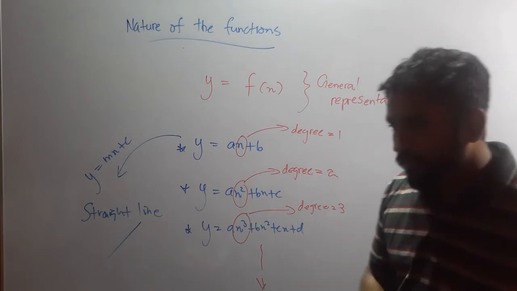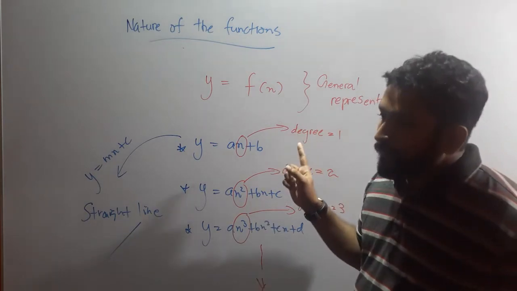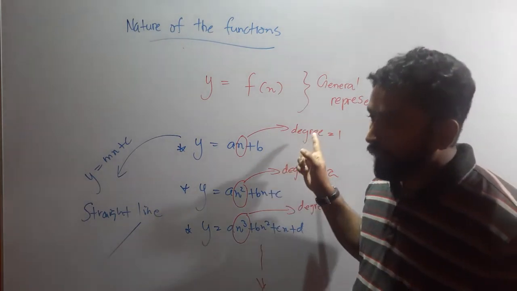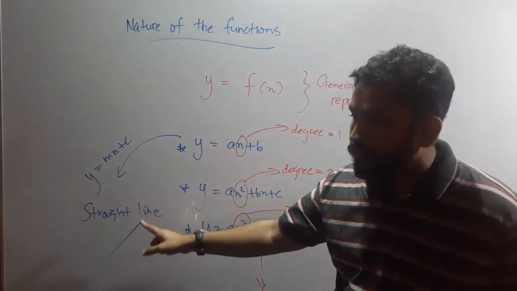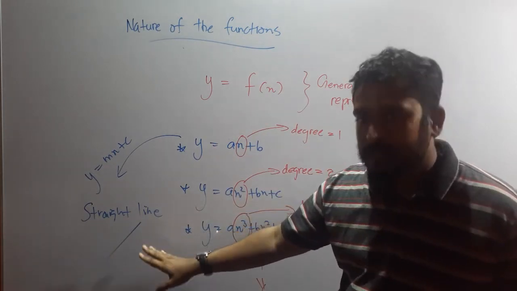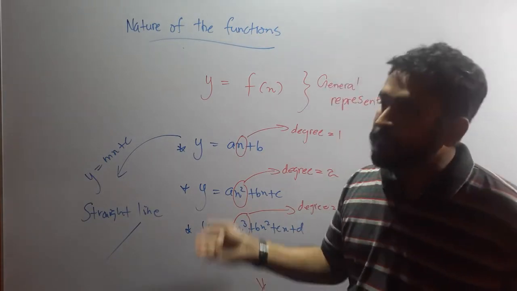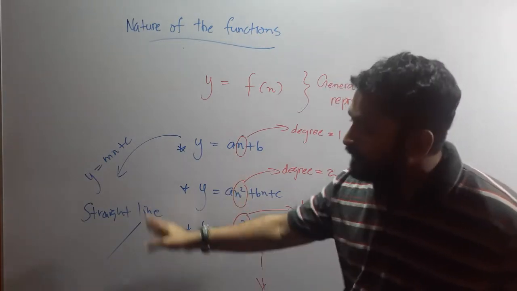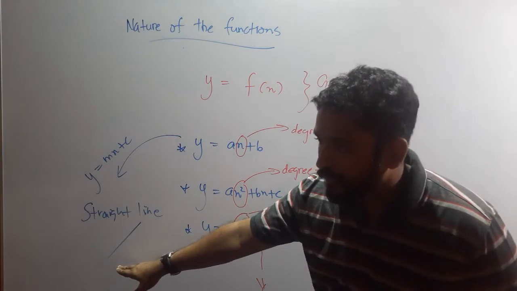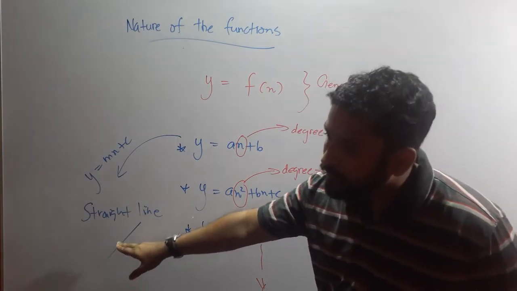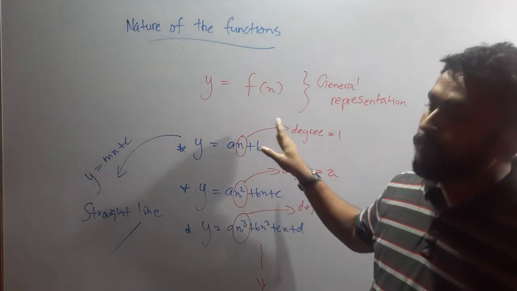Again, if the expression of the function has degree 1, the shape of the locus or graph is a straight line. The converse: if the shape of the graph or locus is a straight line, the function should be of degree 1.